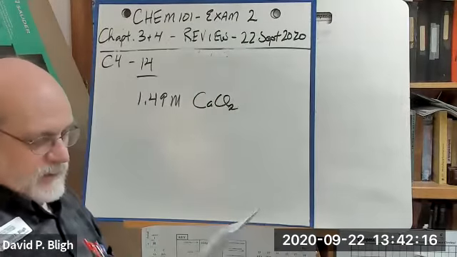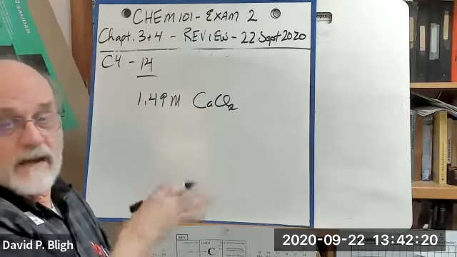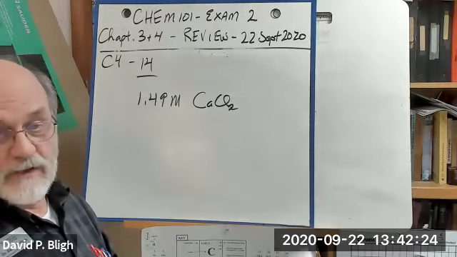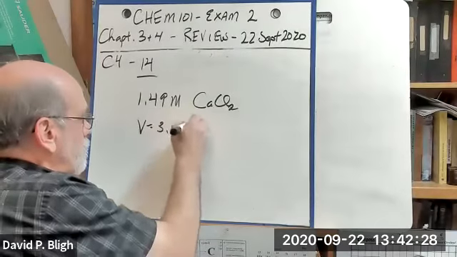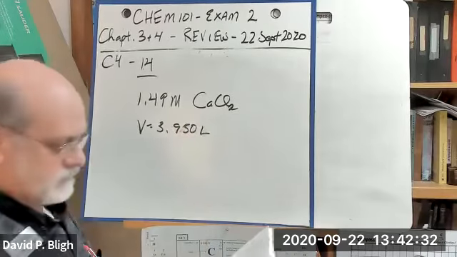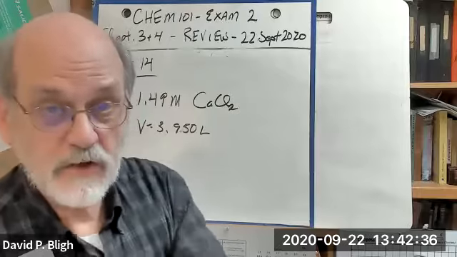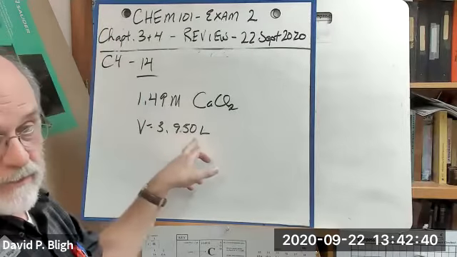Now, if that's all you're given, then you can choose the volume and make it up however you want. But this problem says you need 3.950 liters. And the question is, what mass of calcium chloride do you need to weigh out in order to make that volume? This is the volume of the solution.